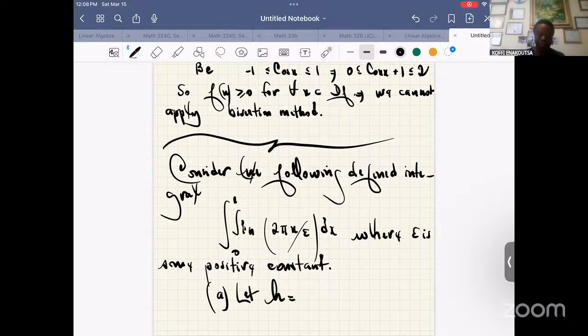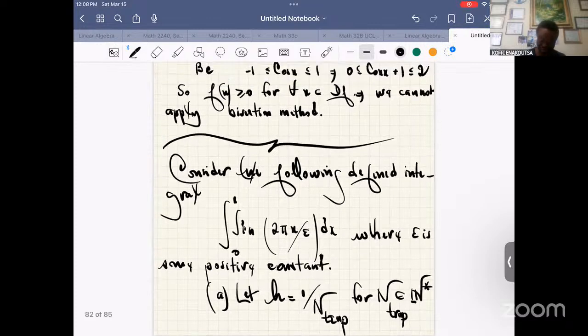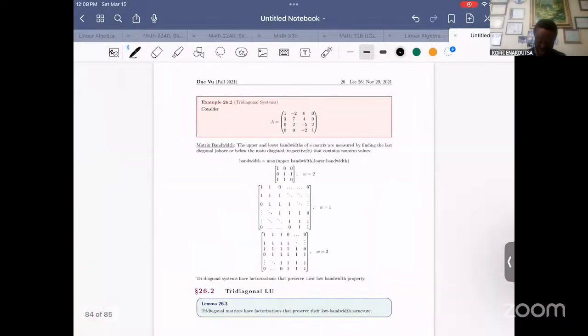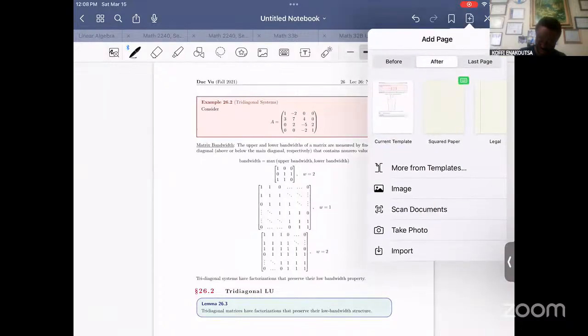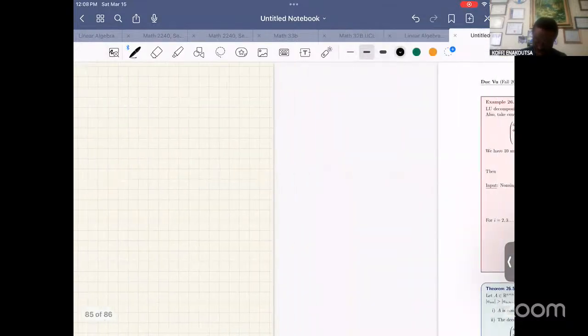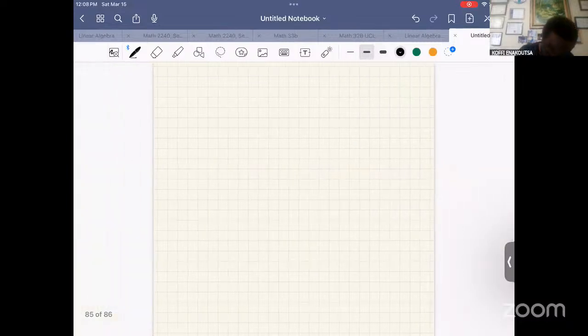So if we take h, that is 1 divided by n trap, for n trap a positive integer belonging to N star, the set of positive integers, the question is this.